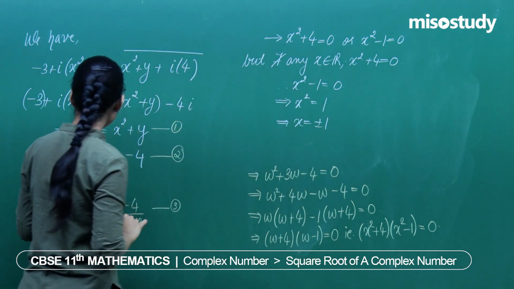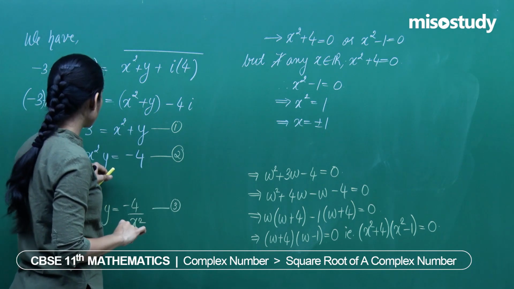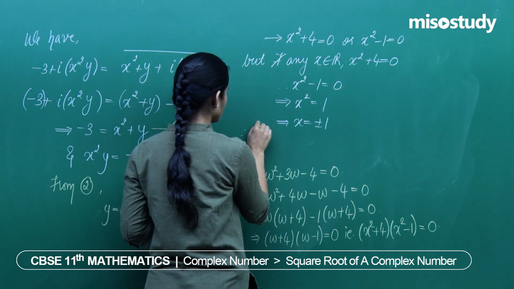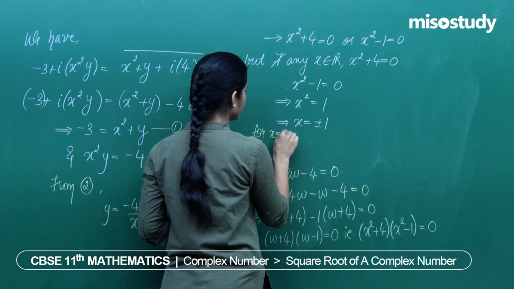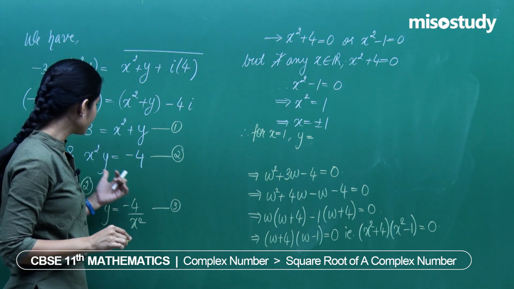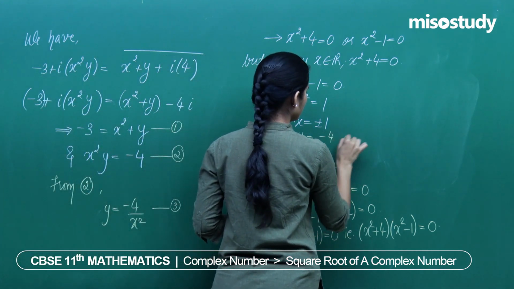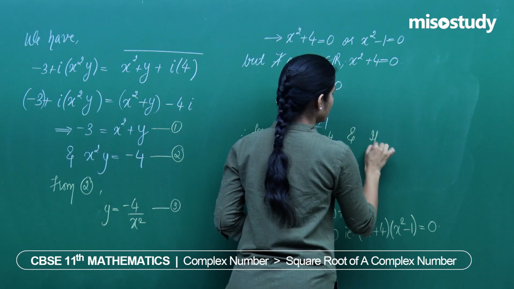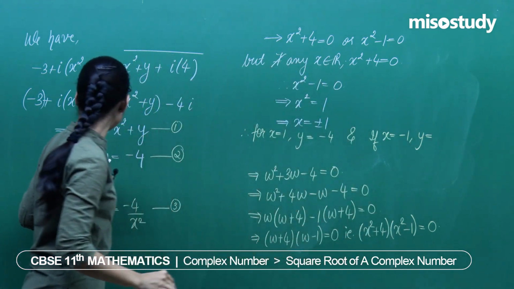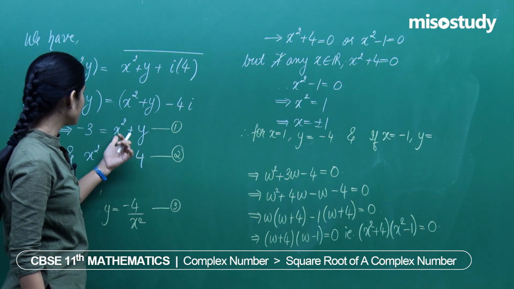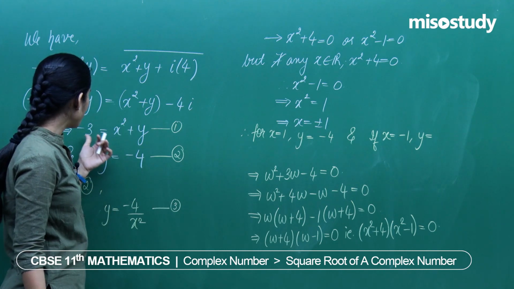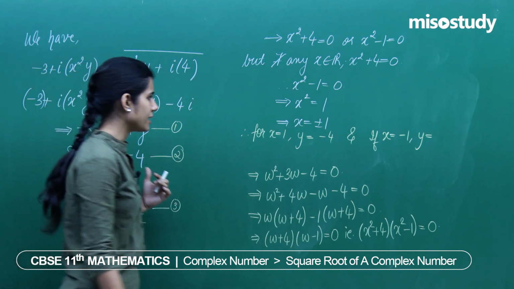If x is ±1, what is y? For x = 1, 1 squared is 1, so y is −4. And if x is −1, this is again 1, so you get −3 − 1, again y is −4.